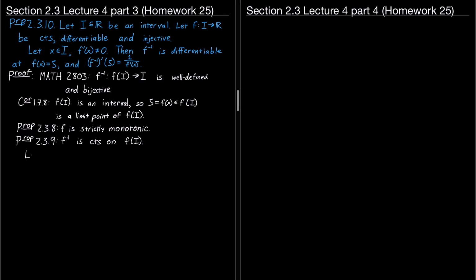We're going to let capital F of x, this is a piecewise defined function, capital F of y, it's going to be 0 if y is equal to x, and it's going to be f of y minus f of x over y minus x, then we're going to subtract off f prime of x, and that's if y is not equal to x.